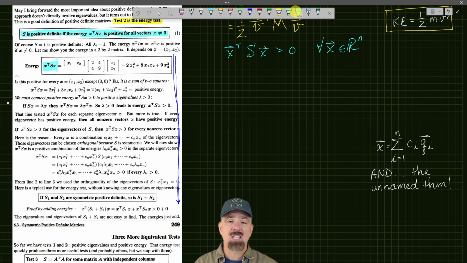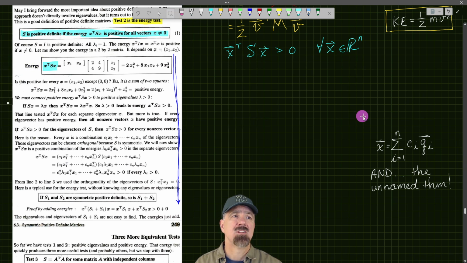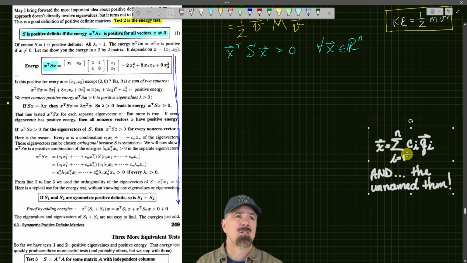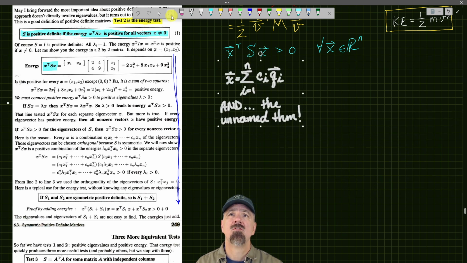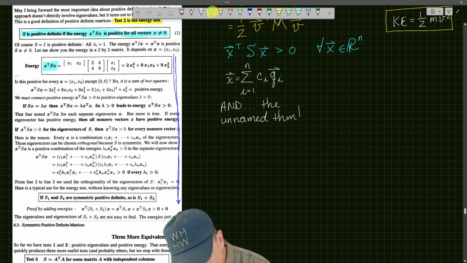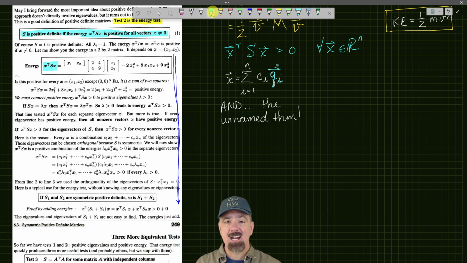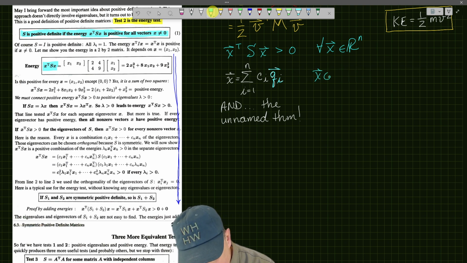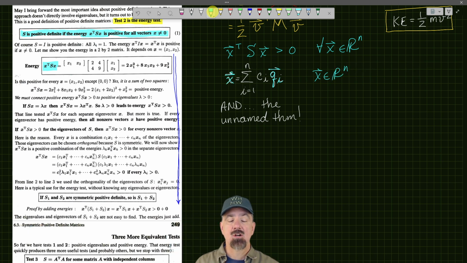So it turns out that we don't need to check all of the X values. And the reason we don't need to, let me grab this and bring it front and center, is because we know from before, given the Q, and remember the Q's here are the eigenvectors, that if we grab any X vector from Rn, we can write it as a linear combination of the eigenvectors.